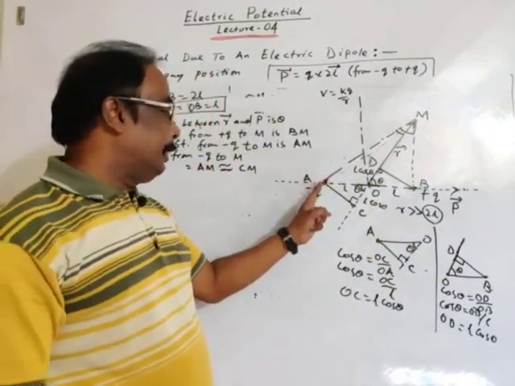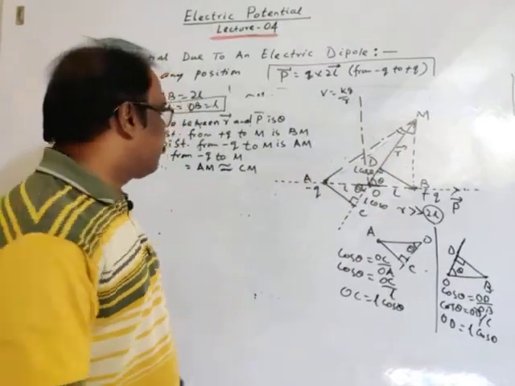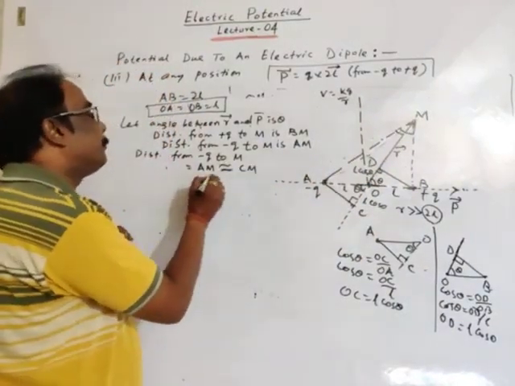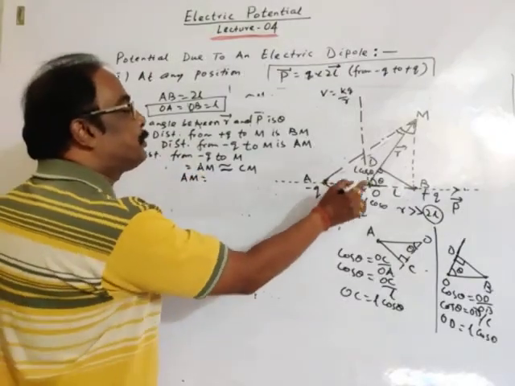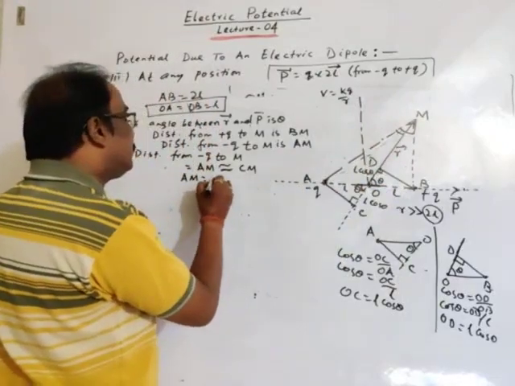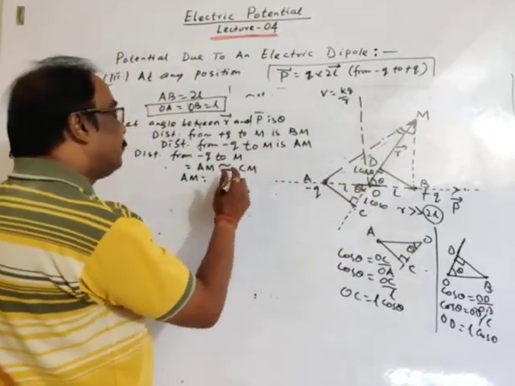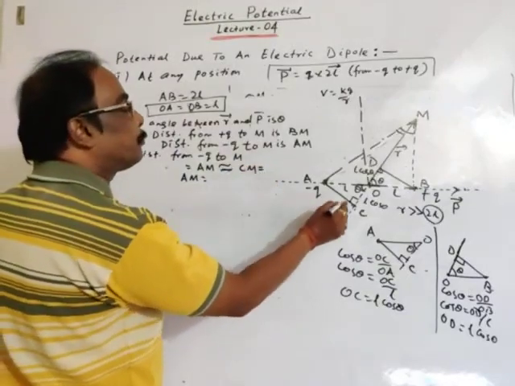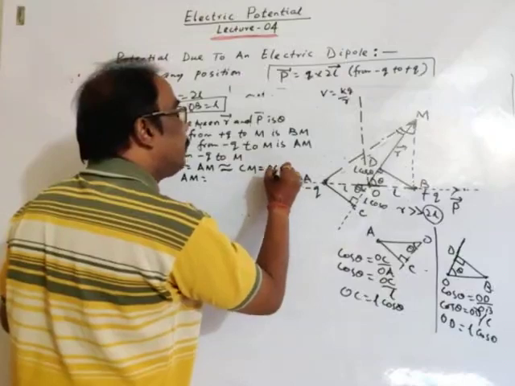CM is equal to, from C to M, OC plus OM.